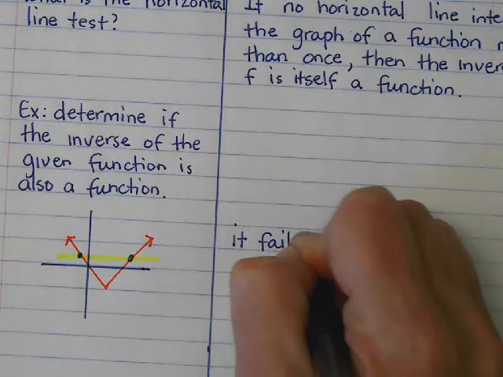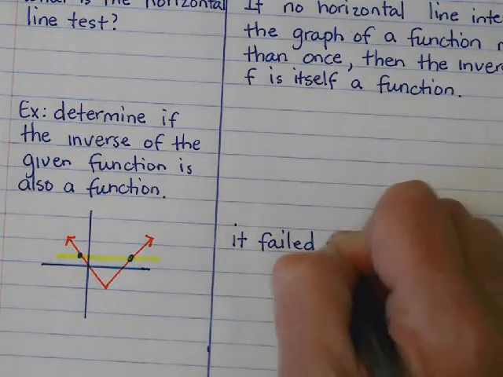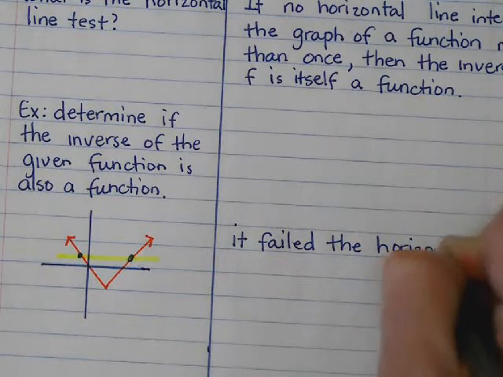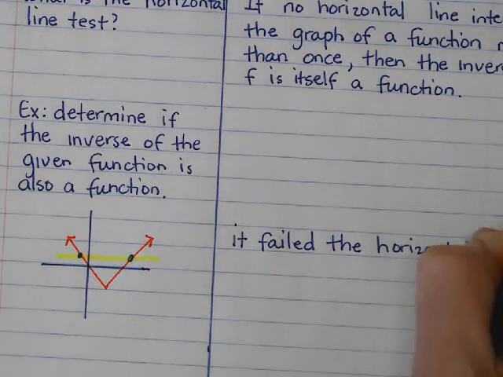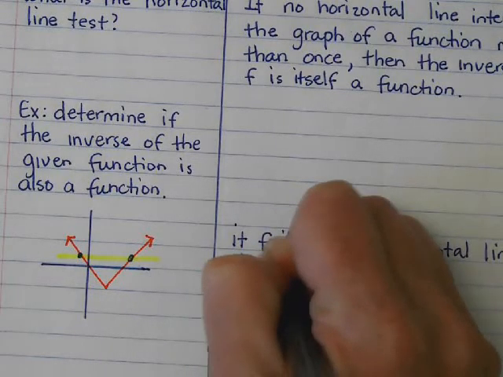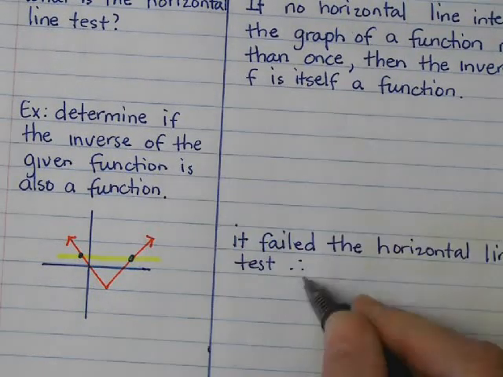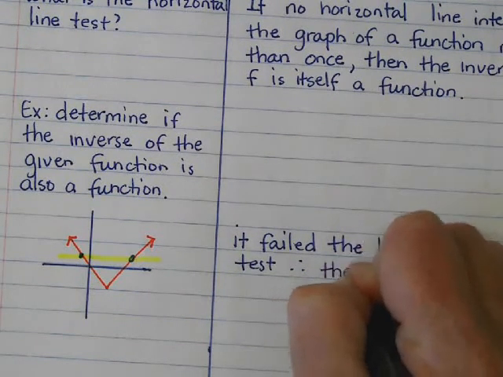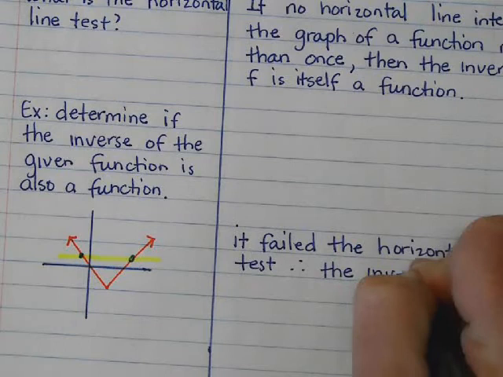It touched in more than one spot. So therefore, three little dots like that means therefore the inverse is not a function.